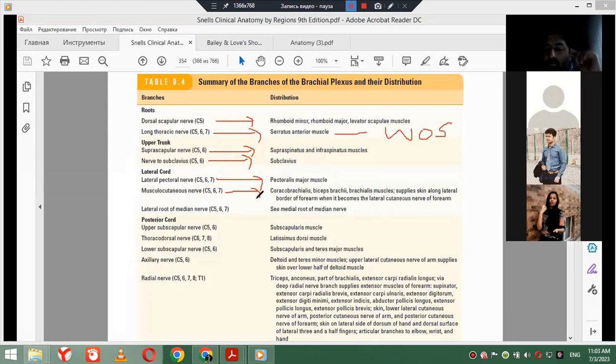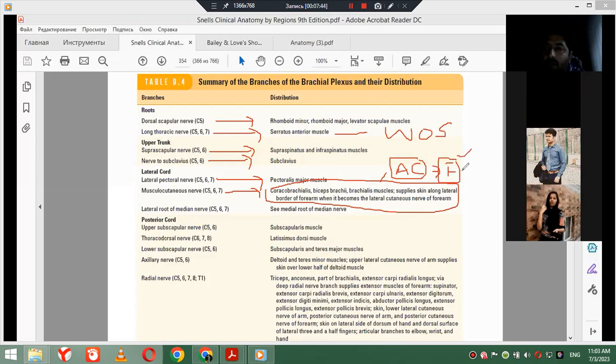Musculocutaneous nerve gives branches to all these muscles, and these muscles are in the anterior compartment of the arm. Okay, and they are all your flexors.